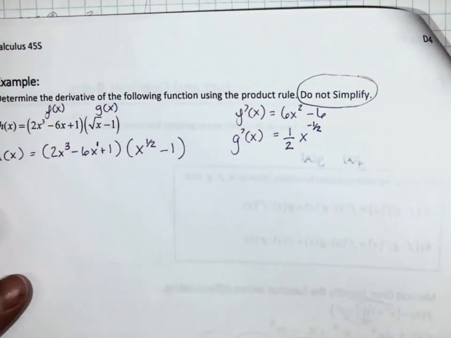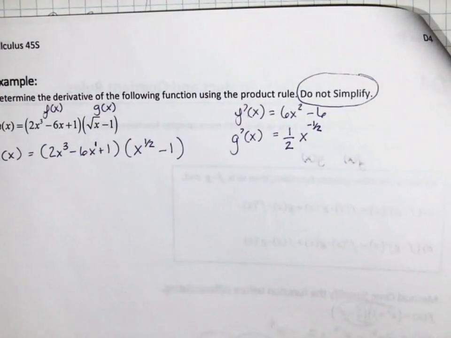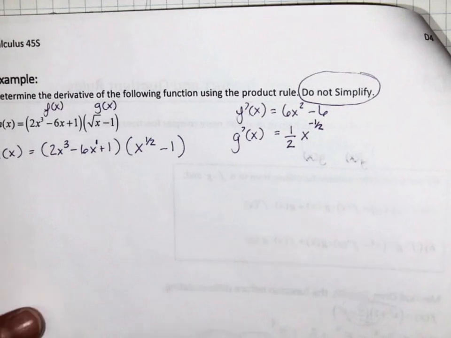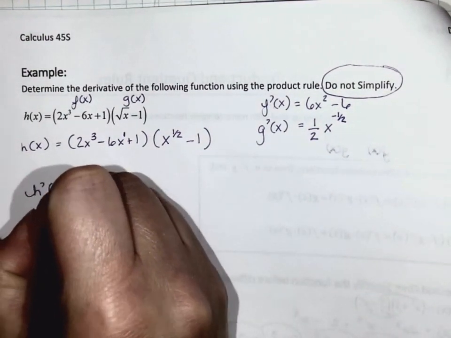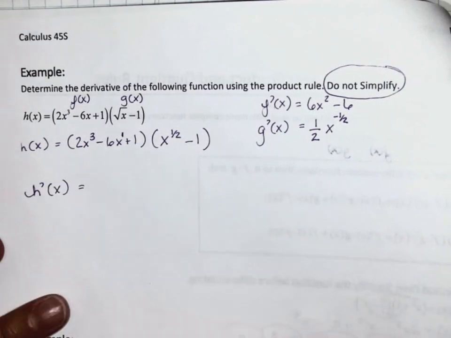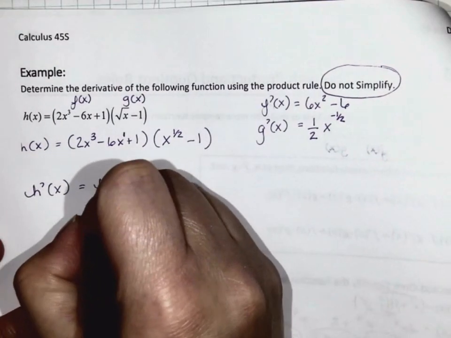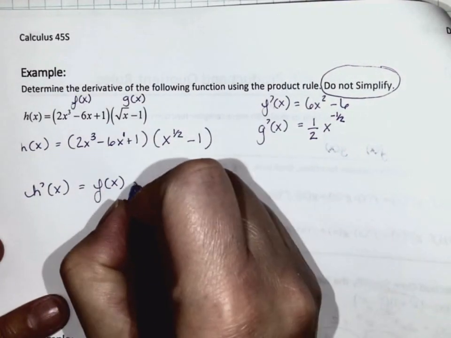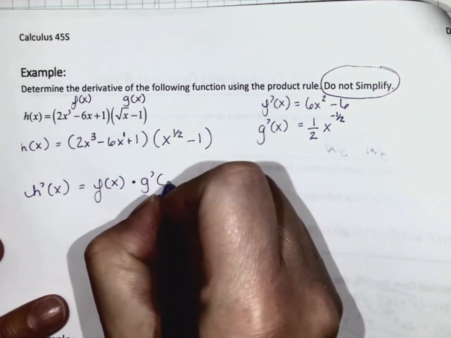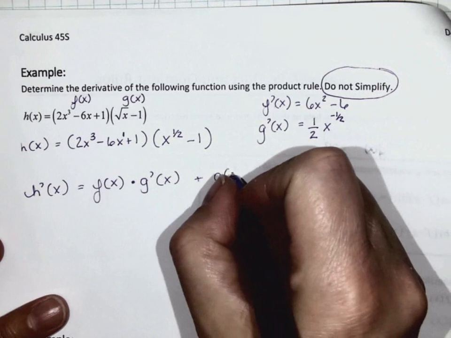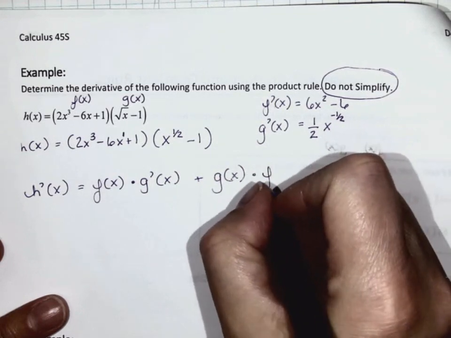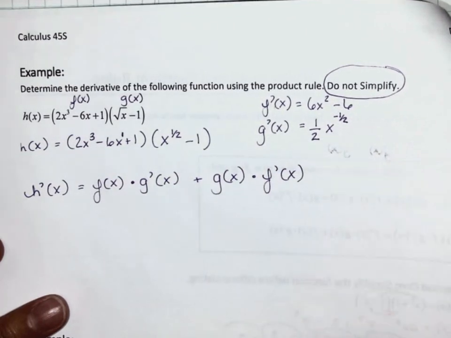So this is a big thing. Do not simplify. So I'm going to use my rules, so it's going to go a little bit faster. If we're looking for the derivative of h of x, that's going to be f of x times the derivative of g of x plus g of x times the derivative of f of x.